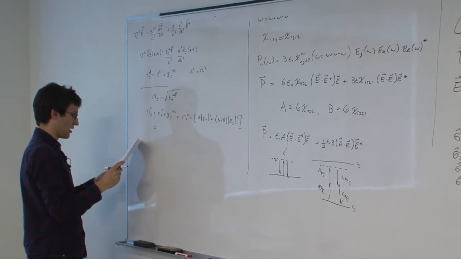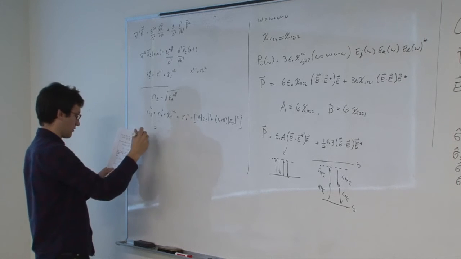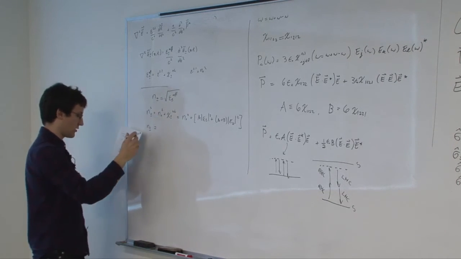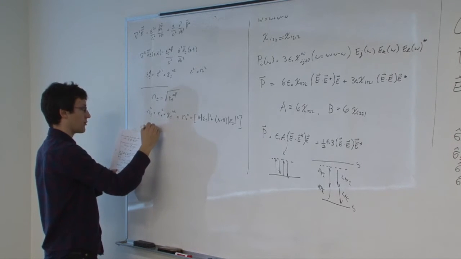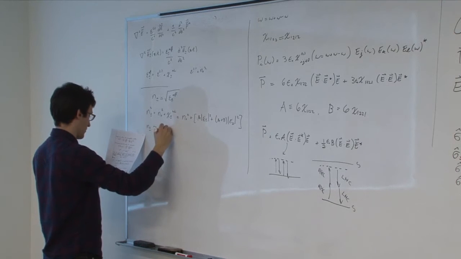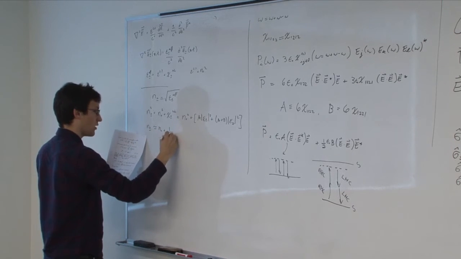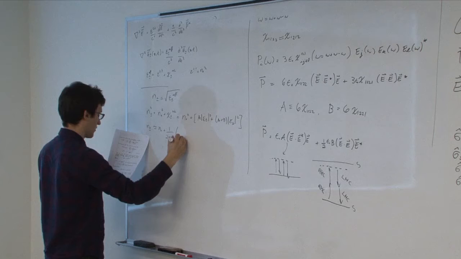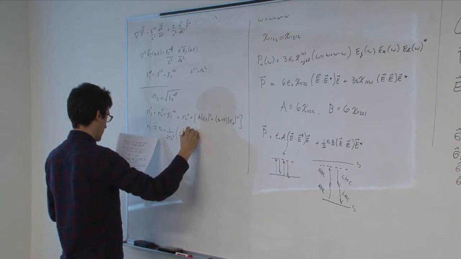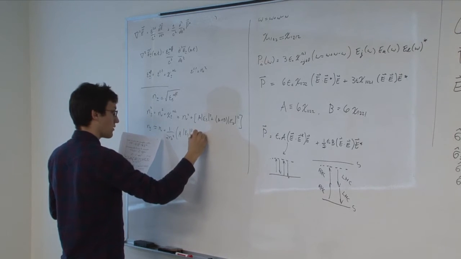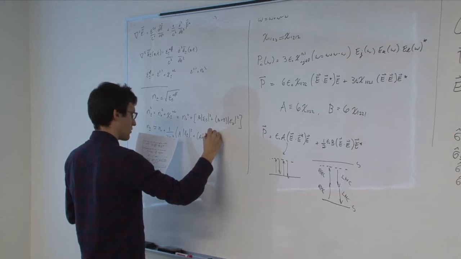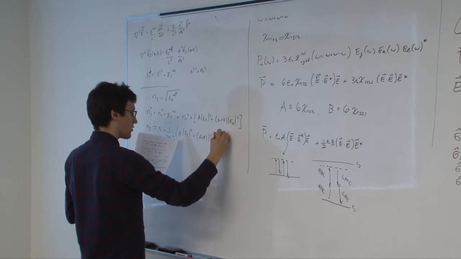I can spare you some lines, and you will find that n plus or minus, now there's no square here, I can make this approximation. This is approximately equal to n naught plus 1 over 2 n naught squared, A E plus or minus squared plus A plus B E minus or plus squared.